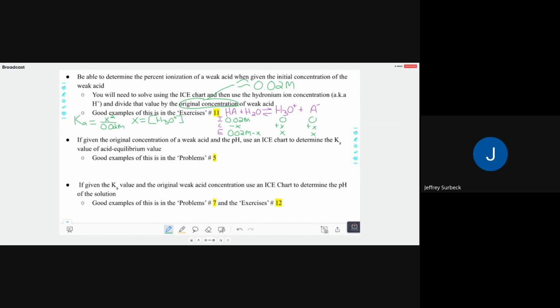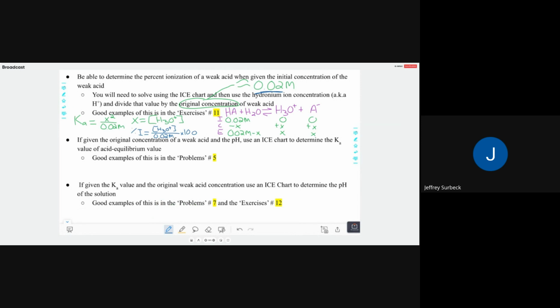And so your final step, once you found x via your ice chart, is to look at percent ionization. You're going to take that x value that you found, the concentration of H3O plus, and divide it by your original concentration, which I just made up hypothetically at 0.02 molar. Then you'll multiply by 100, and that would be your final answer. Okay? Questions?